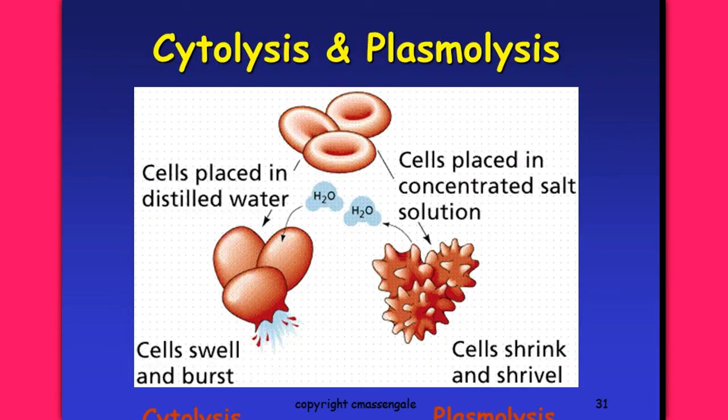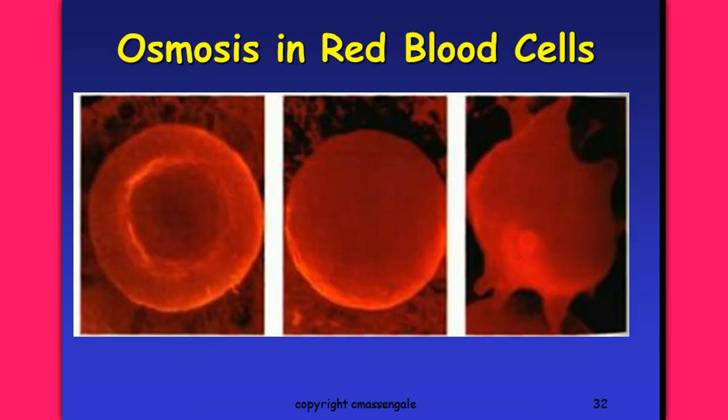So with cytolysis, cells placed in a hypotonic solution will swell and burst. If cells are placed in a high salt concentration, a hypertonic solution, the cells end up shrinking and shriveling. That's called plasmolysis. So cytolysis, bigger, burst. Plasmolysis, smaller, shrink.